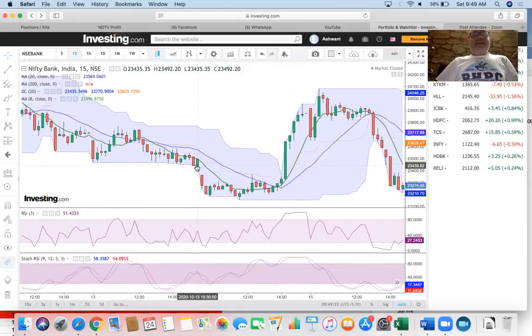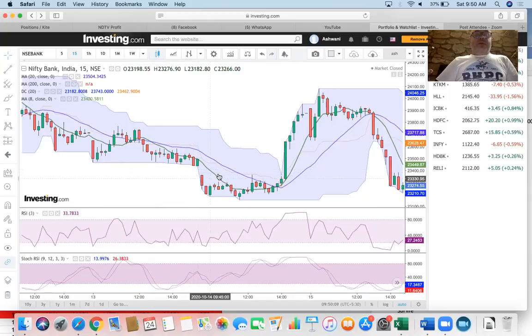So the moment we started taking out this low of 23,435 on this day, look at the kind of strong move you got, because people's stops were here. So every day that we enter, we have three levels to work with, and we have to be able to make the best use of them.